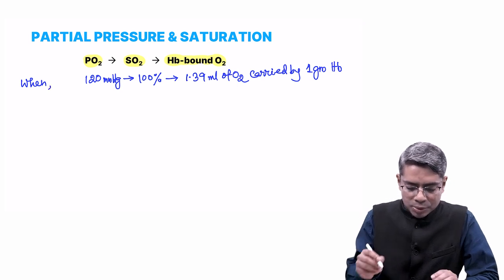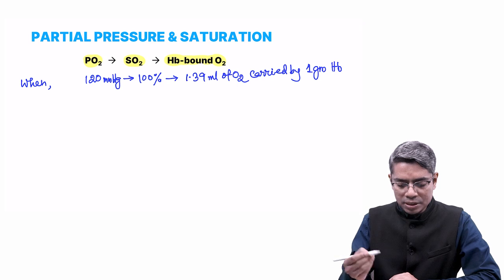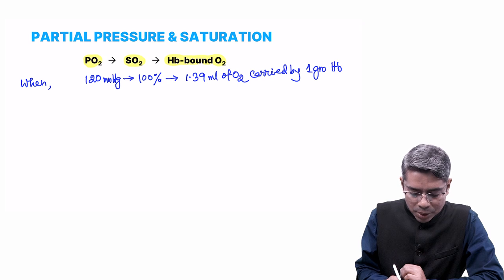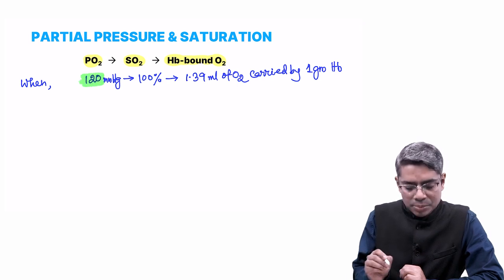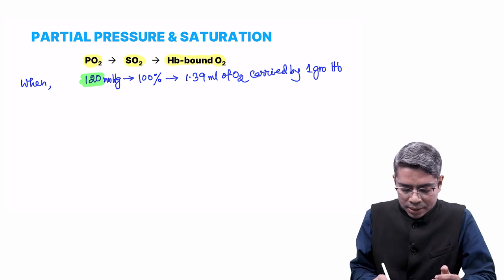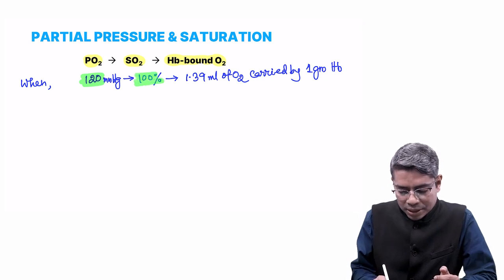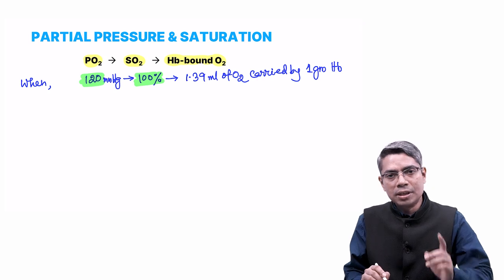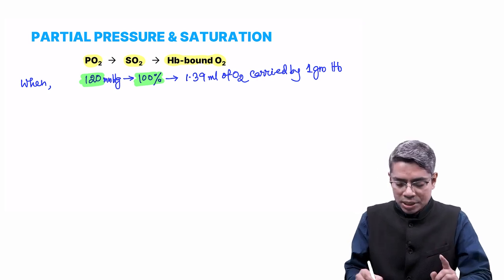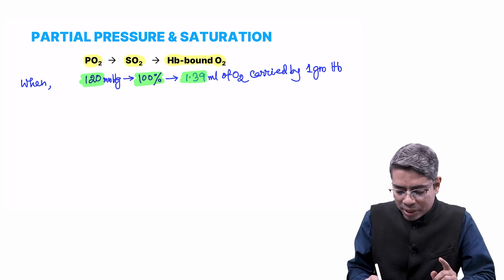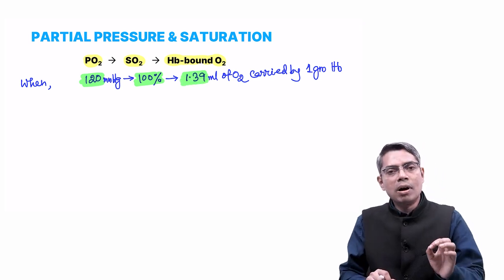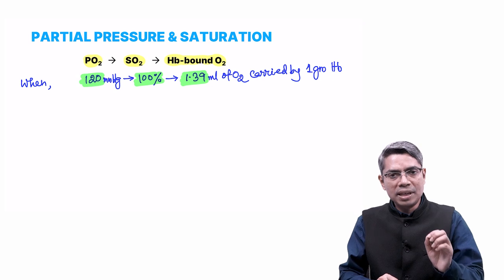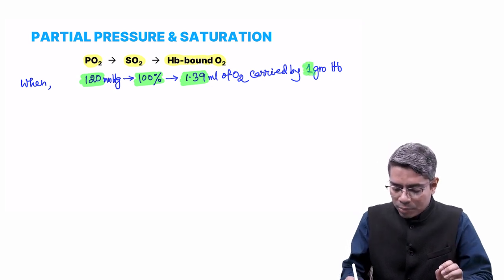I told you that if the partial pressure of oxygen is changing, then the saturation will also change. So when the partial pressure of oxygen is 120 millimeter of mercury in the blood, then the saturation will be 100%. That means hemoglobin will be fully saturated. If the hemoglobin is fully saturated, then 1 gram of hemoglobin can carry how much oxygen? 1.39 ml of oxygen will be carried by 1 gram of hemoglobin.